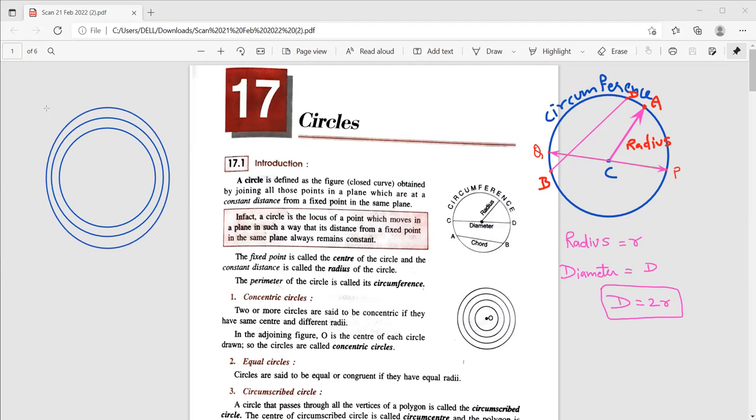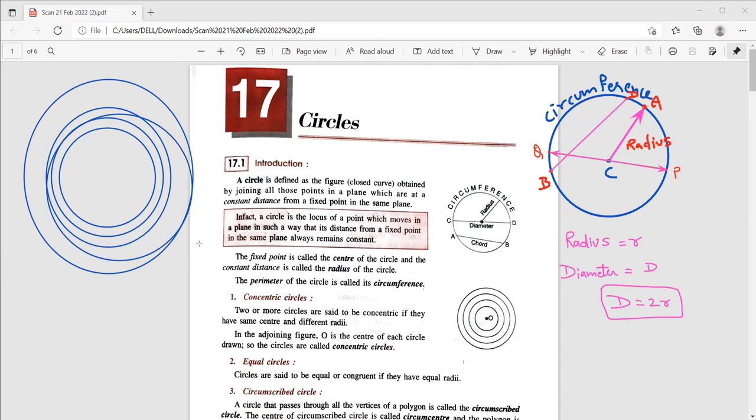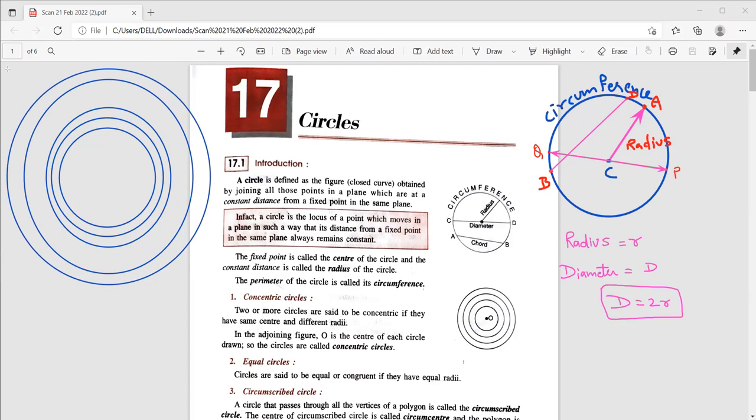Then you have another circle. See, these circles all have the same center.